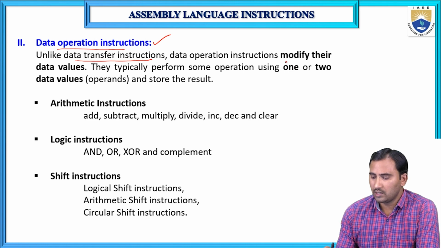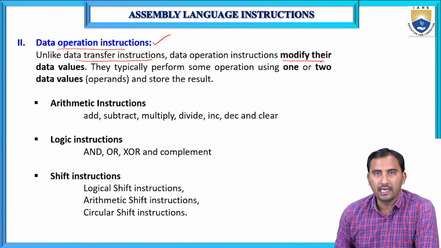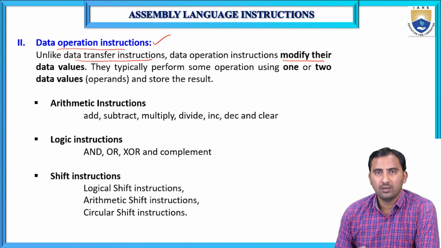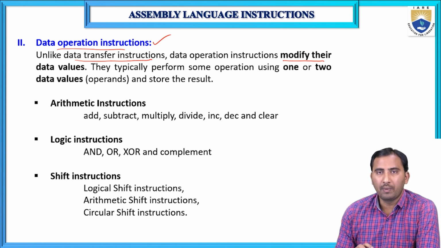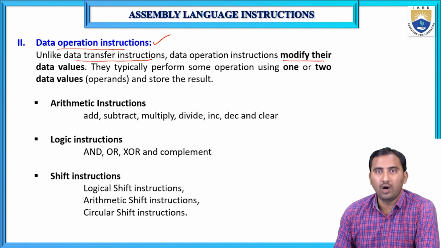That is the main difference between data transfer and data operation instructions. The data transfer instructions will not modify the register's data, but the data operation instructions will modify the register's data.